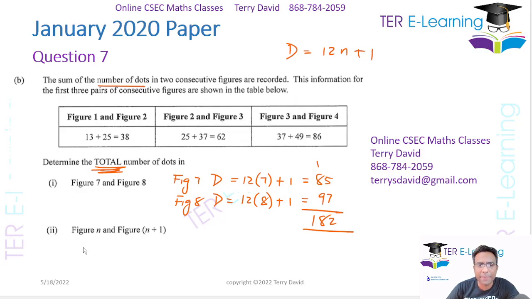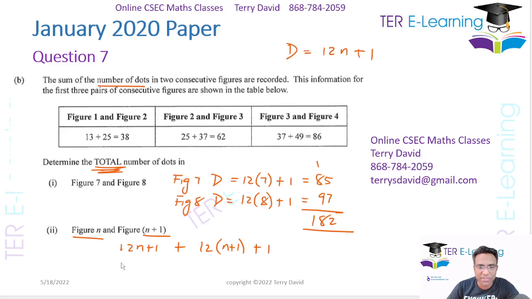And then the last part, they said figure n and n plus 1. So for figure n, the number of dots is going to be 12n plus 1, right? And they said we want to add that to figure n plus 1. So that's going to be 12 times n plus 1, plus 1.